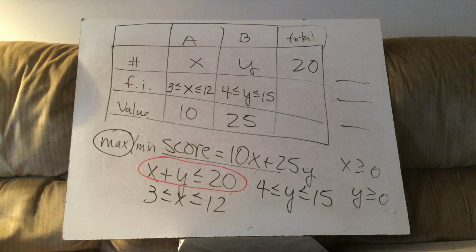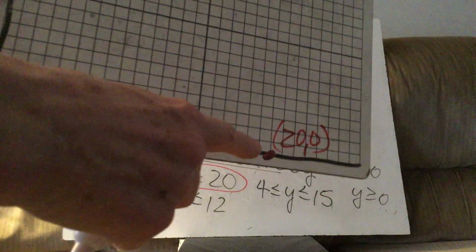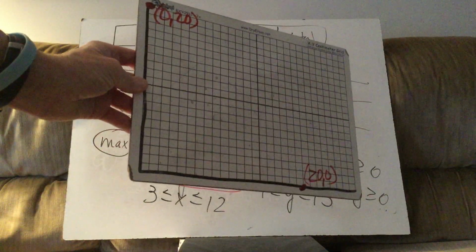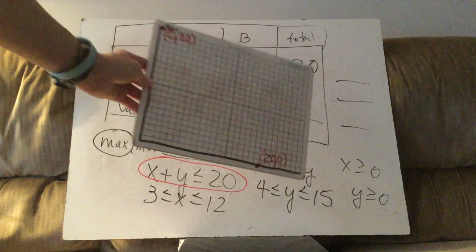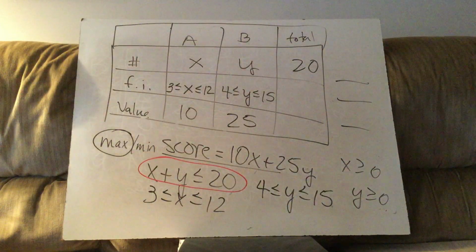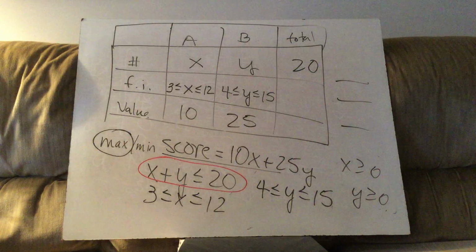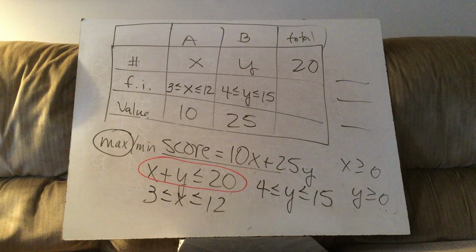So I count down on my X-axis. I count out 20. So it's clear down here now. And now I'm going to connect those 2 points with a nice little diagonal line.